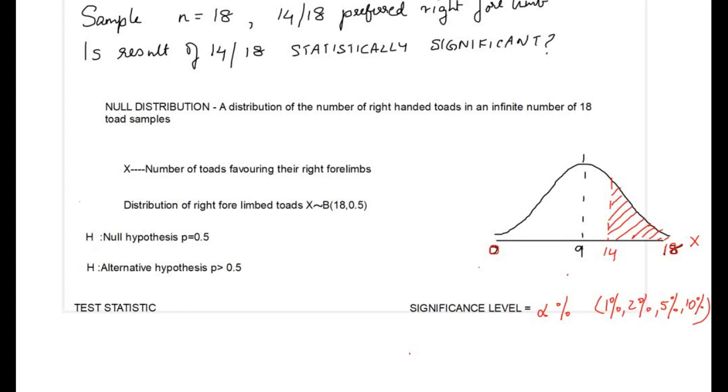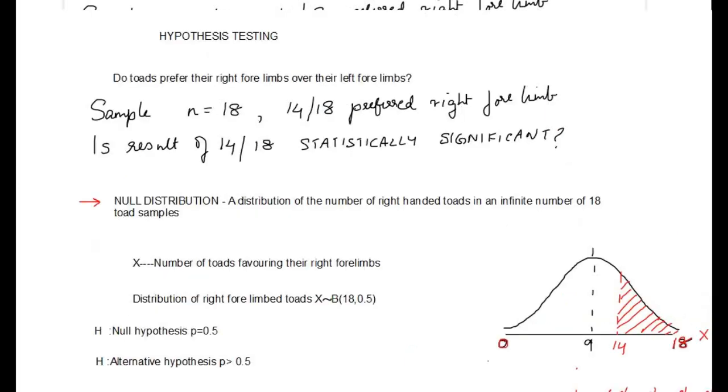So the null distribution is a distribution of the number of right-limbed toads in an infinite number of 18-toad samples. What this means is the null distribution assumes that toads have no limb preference. It's likely that they prefer each limb identically to the other, and so what you would ideally like to do is take an infinite number of samples and test the limb preference.